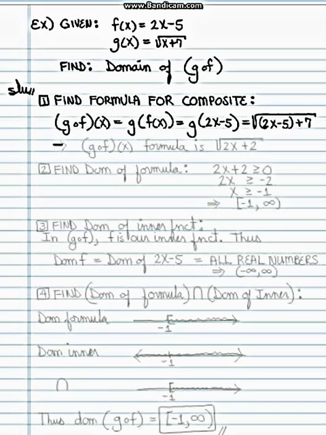So that means when we simplify, that g composite f of x formula is the square root of, well, we got the 2x, and then the negative 5 plus 7 is positive 2.